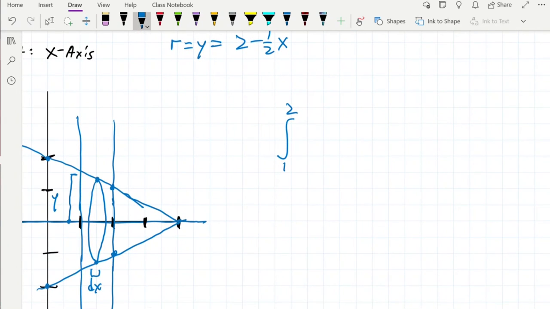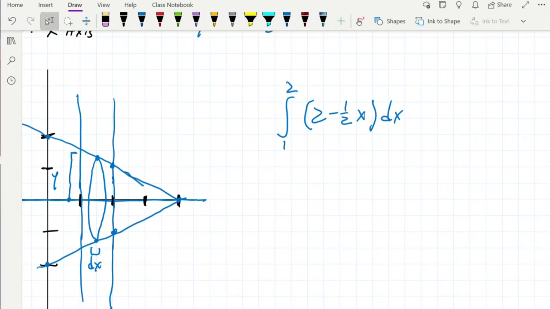So we're going to take the integral of 2 minus 1/2 x dx. So the integral from 1 to 2, and actually we can just integrate it right away. Why not? So it's going to be 2x minus 1 over 4x squared from 1 to 2.